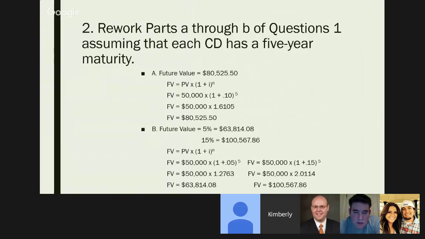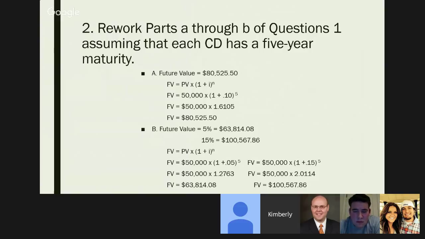Oh, okay. Question 2 asked us to rework the same problem. So again, we're using the same future value equation, but it was asking to rework the problems if it was invested for 5 years. The only difference in the equation would be that we would use the exponent of 5 to represent the 5 years.